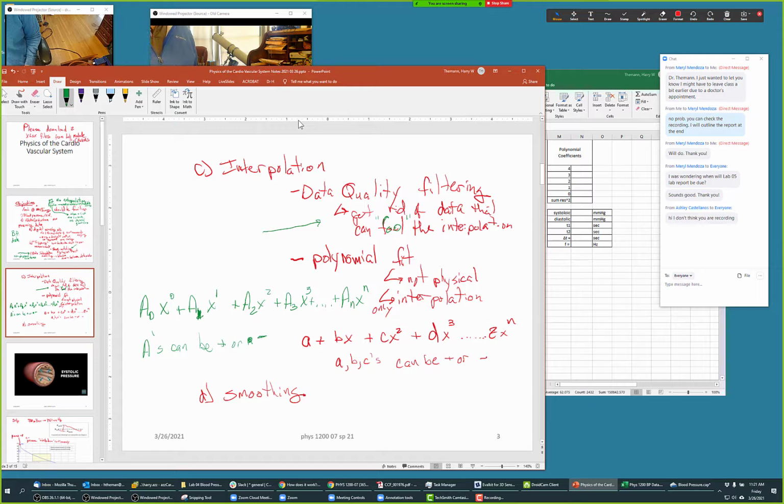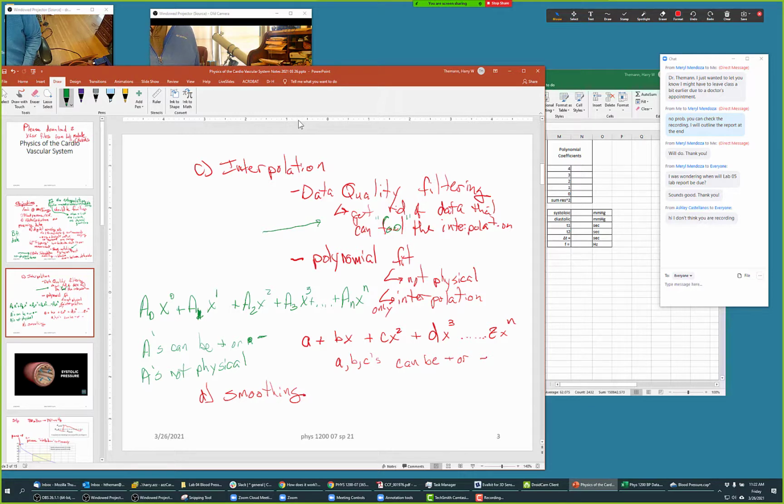Now it turns out, with a polynomial fit, you can create a fit line that'll fit anything. But the coefficients, the a's, are not physical, even though the x's will be physical, like the time in today's case, but the other day it was voltage or current.